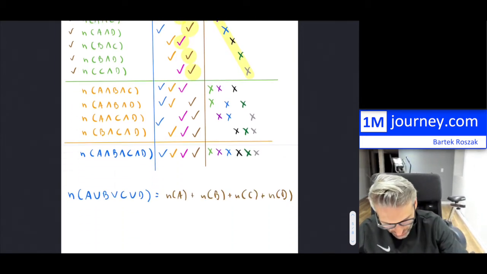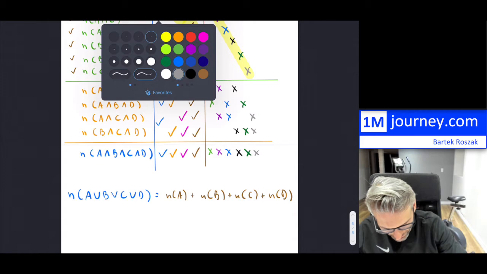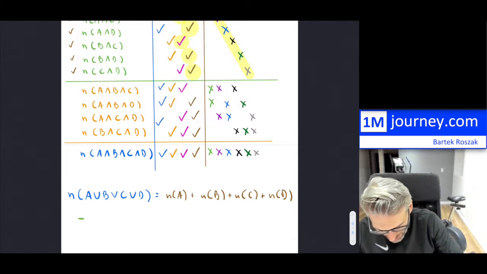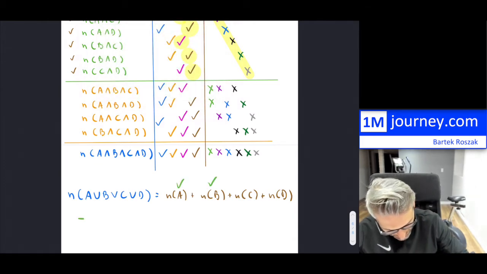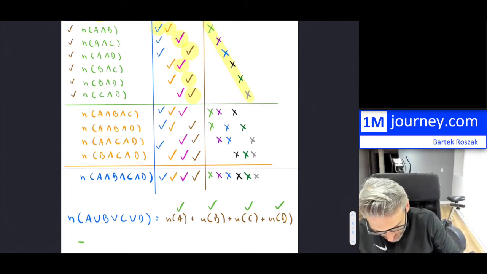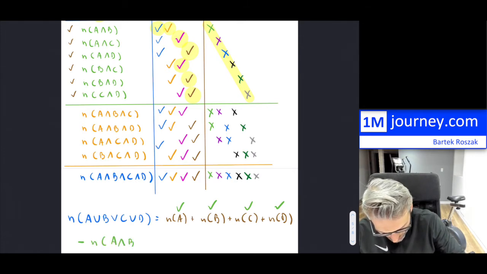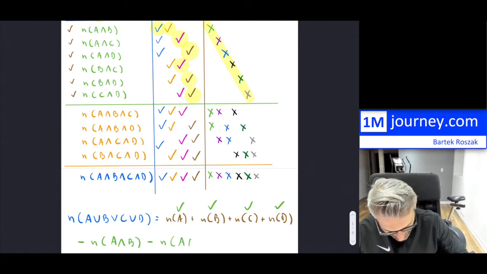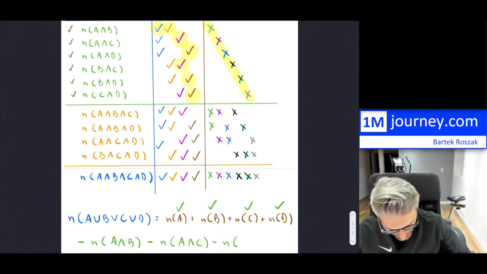So within here, what I would have is this is going to be now minus. So this plus this plus this plus this minus. Now all of those, so that's going to be N(A intersected with B) minus N(A intersected with C) minus N(A intersected with D).